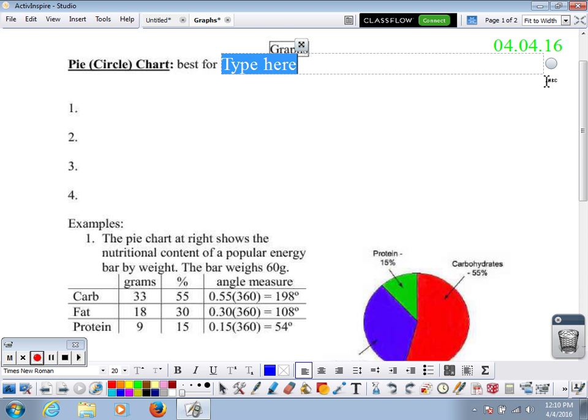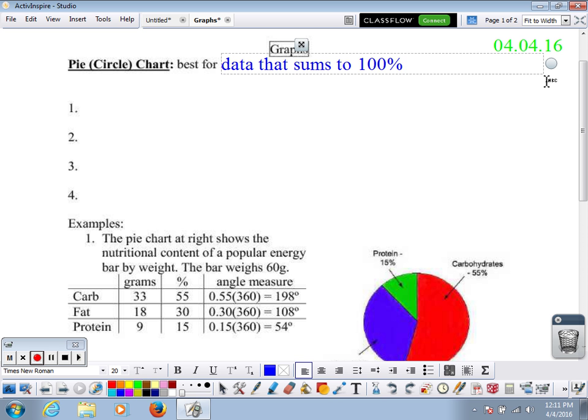That's the kind of information that we would use a pie chart to represent. So a pie chart or a circle chart is best for data that sums to 100%. If we can break the data into percentages, and those percentages will sum to 100%, the pie chart is our best bet.